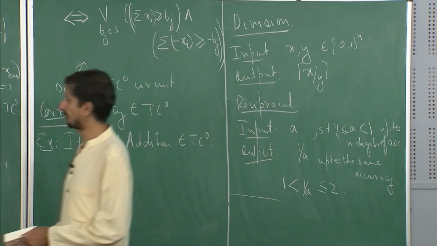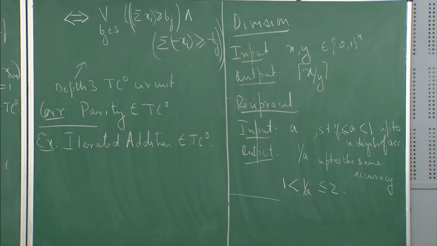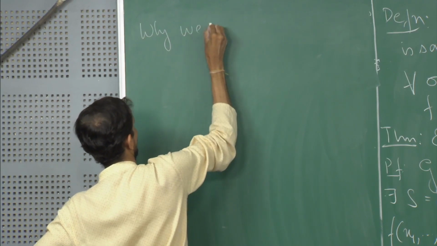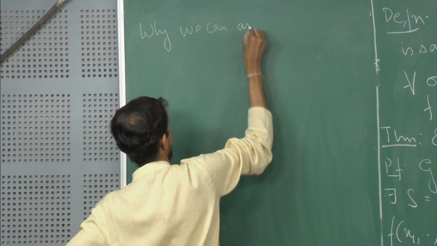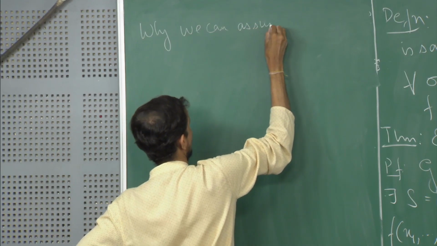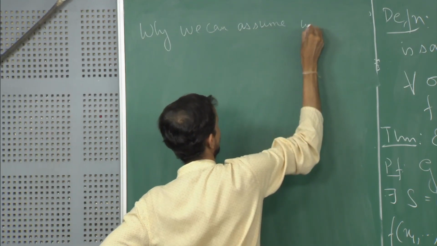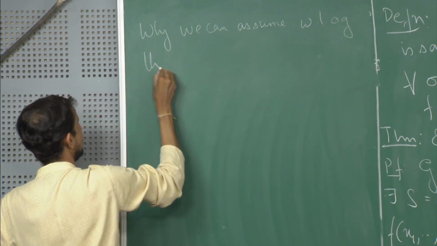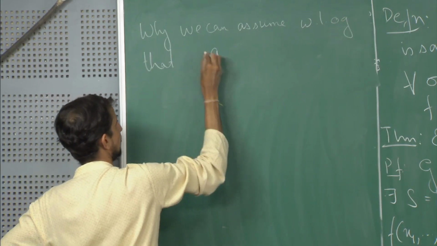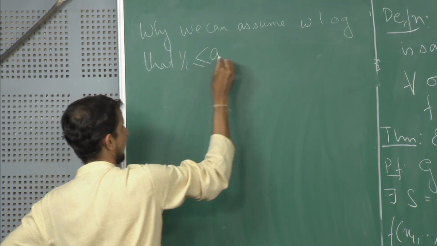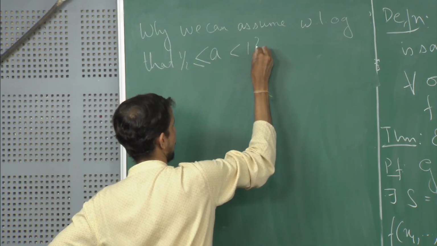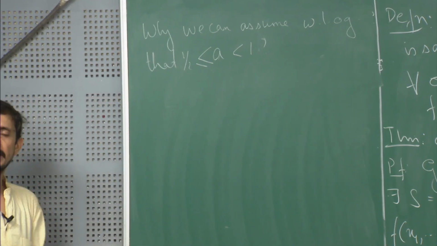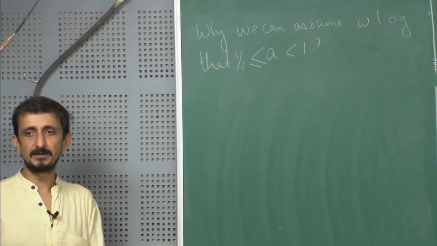We can assume without loss of generality that A is between this. The reason is, suppose you are given any arbitrary integer a.